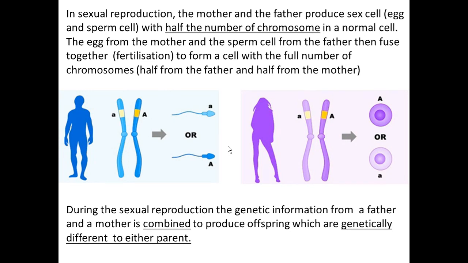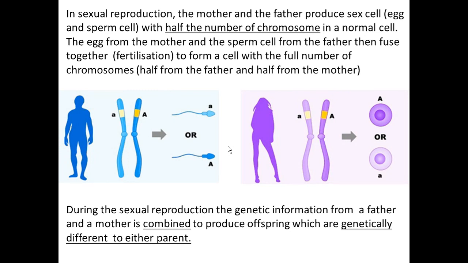Both parents, female and male, produce sex cells: egg cells for the female and sperm cells for the male. Both these cells contain half the number of chromosomes of a normal cell, and these two cells fuse together during a process called fertilization. When they fuse, they make a new cell with a complete number of chromosomes.